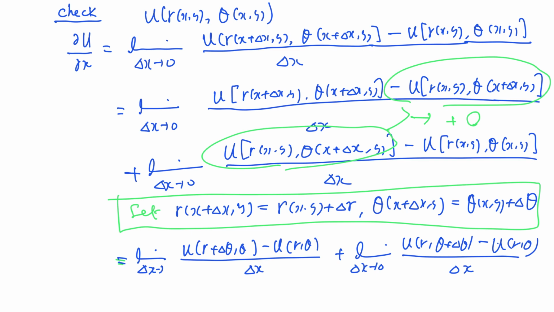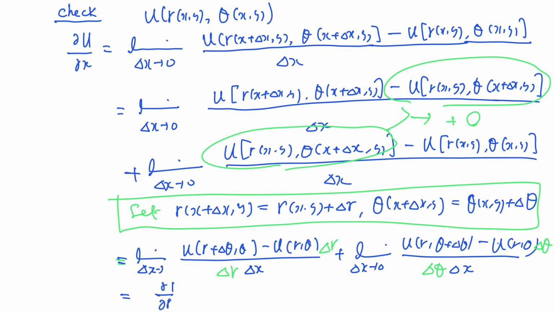What you can do is divide by delta r and multiply by delta r, divide by delta theta and multiply by delta theta. Then it becomes what?